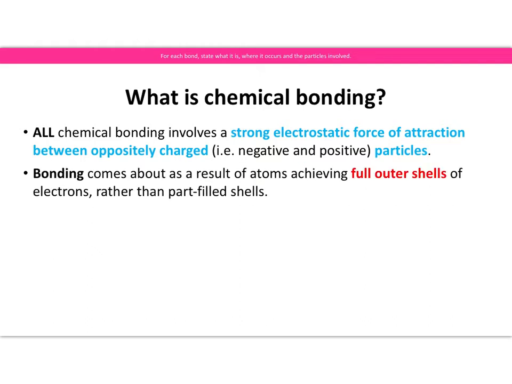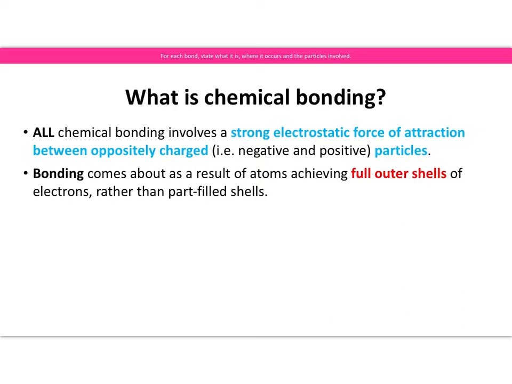Now, why does bonding happen at all? The consequence of all bonding, whether it's ionic, covalent, or metallic, is that the atoms involved, or the elements involved, will achieve full outer shells. Now, they may no longer be atoms, as we'll see, but those elements will have achieved full outer shells.